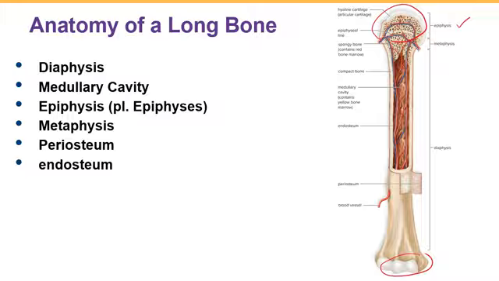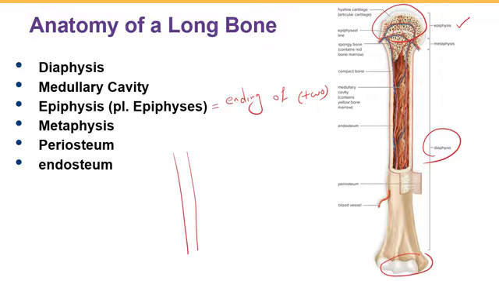So the epiphysis is the ending of the long bone, and we have 2 of them. And then the shaft of a bone is called diaphysis. So we have a shaft, diaphysis, and 2 endings, the epiphysis, right?